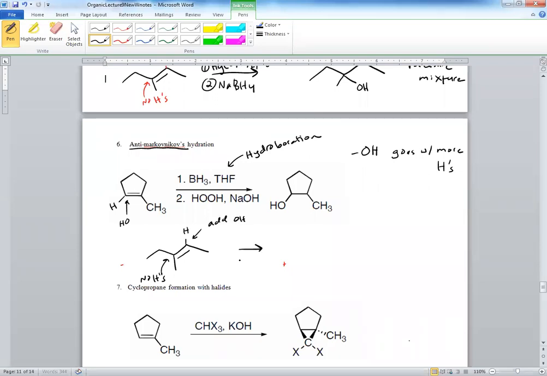So this would give me right here. Of course, the reagents would be boron trihydride in THF, which is a solvent, and of course, the second step is a peroxide and sodium hydroxide. Once again, you have a racemic mixture here.